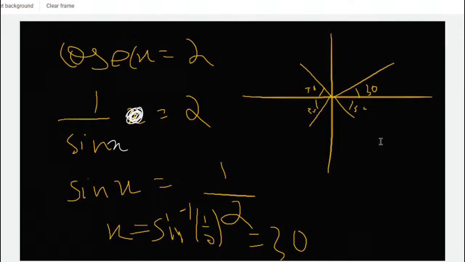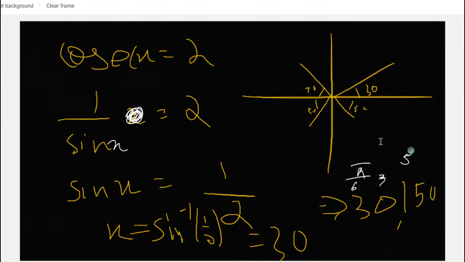So the first answer is obviously C, and then it's 180 minus say 150.